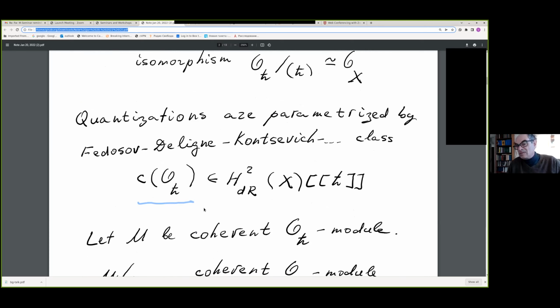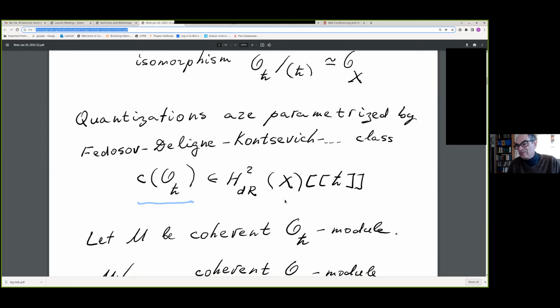This is a class in the second homology of X. Again, you can put de Rham or whatever, and then it's a formal power series in h bar. But I want to emphasize that nothing I say today depends on quantization. It's completely the symplectic case, much simpler.